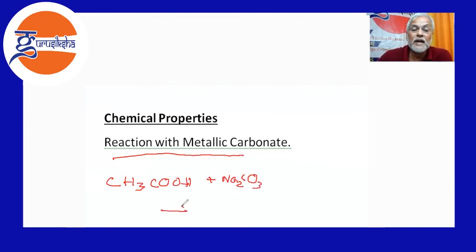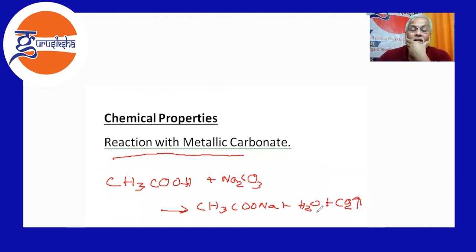When it reacts, it will give the salt CH3COONa plus H2O plus CO2.